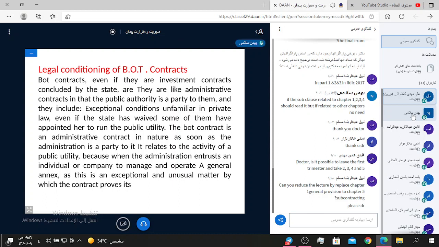You should activate your microphone. Your microphone is not active.